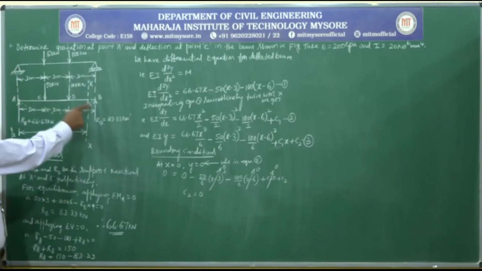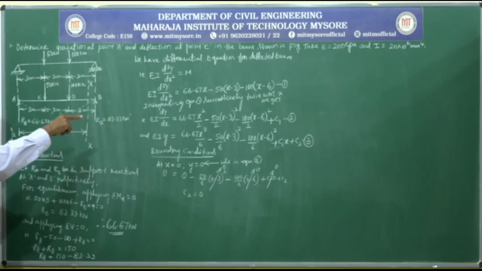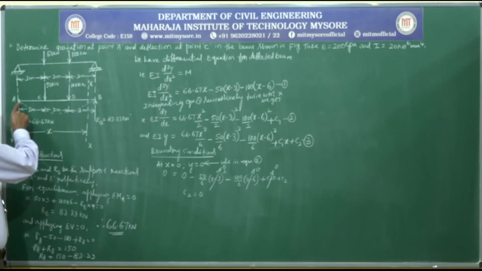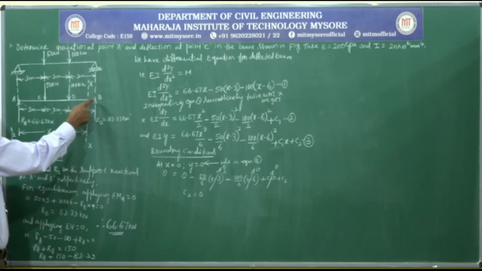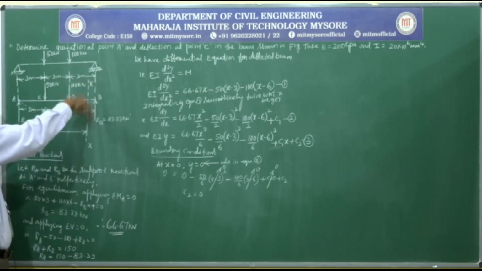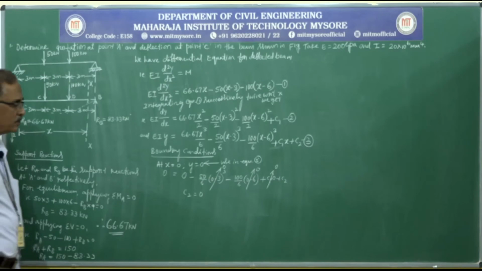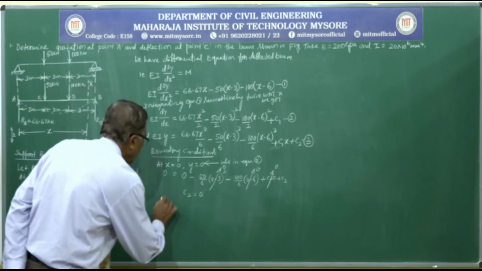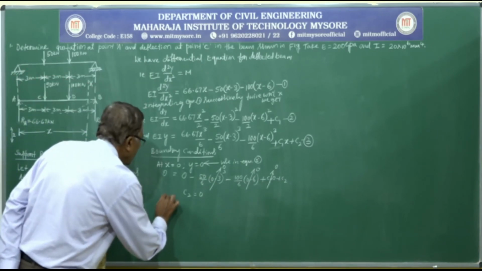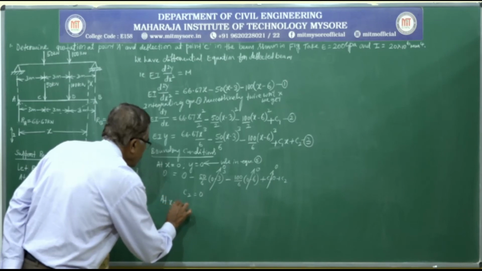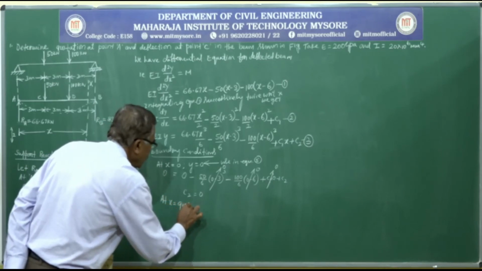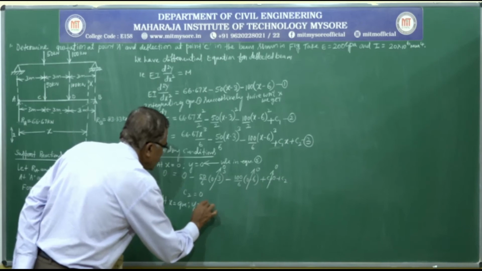Use another boundary condition. What is the other boundary condition? At x is equal to L, x is equal to 9 meter, here also there is no displacement of the beam. So at x is equal to 9 meter, y is equal to 0.